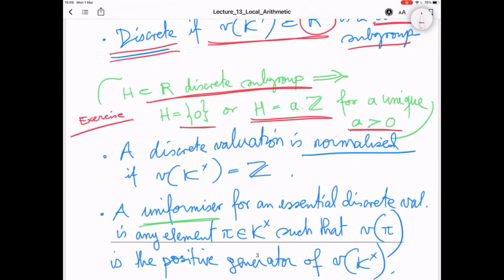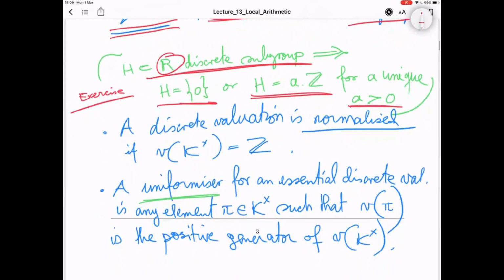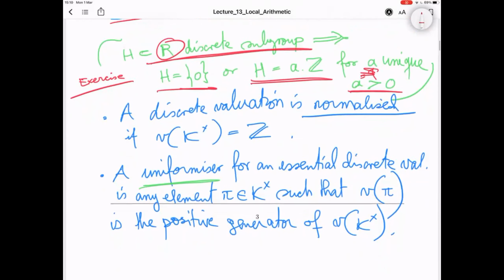The only discrete subgroups of the group R of real numbers are the trivial subgroup and the multiples of some strictly positive real number. For example, this real number A could be 1, in which case the subgroup is Z, which is a discrete subgroup of R.